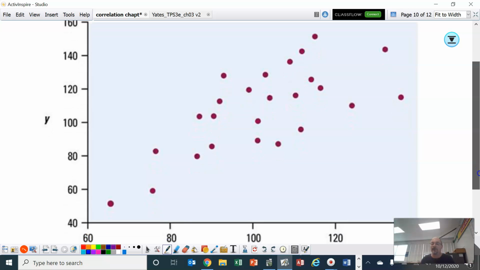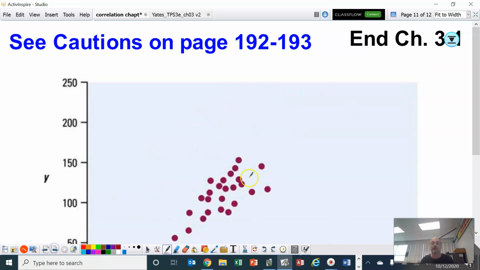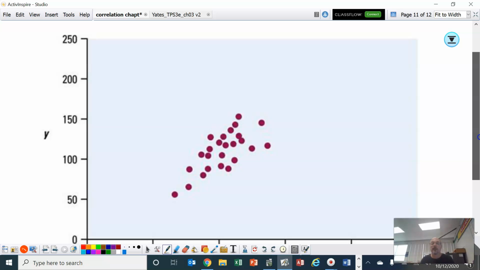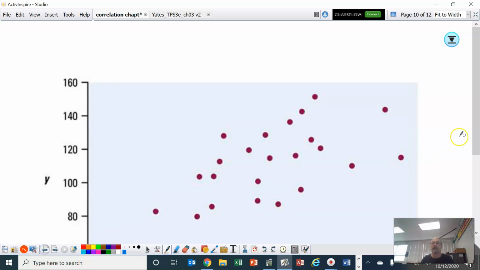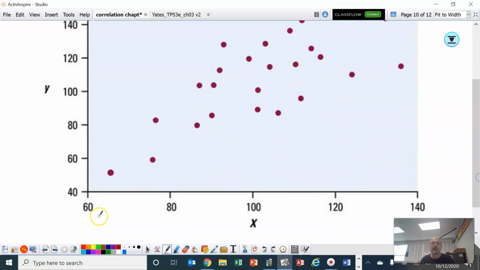Here's another scatter plot. Obviously it's positive, but here's a caution, ladies and gentlemen. Look at this scatter plot, and now look at this one. It's the same scatter plot. Look at the scale: 0, 50, 100, 150, 200, versus 60, 80, 100, 120.